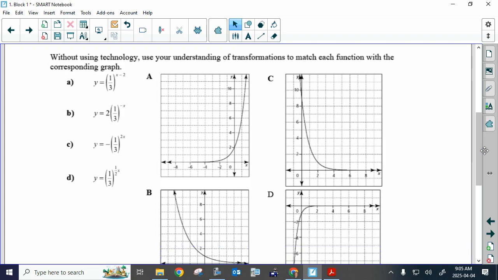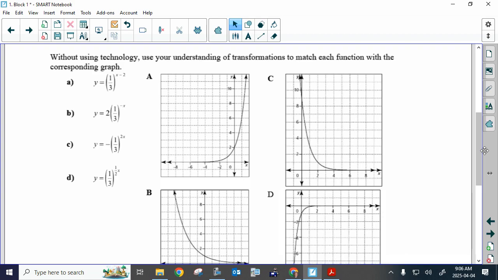And now all I want you guys to do is see if you can, without your graphing calculator, match the equation to the graph itself. Like, could you do that? Sometimes I think the best strategy ever is to find the y-intercept for each equation and see which one gives me the right y-intercept in the graph.